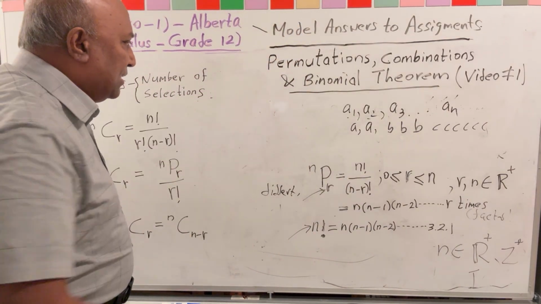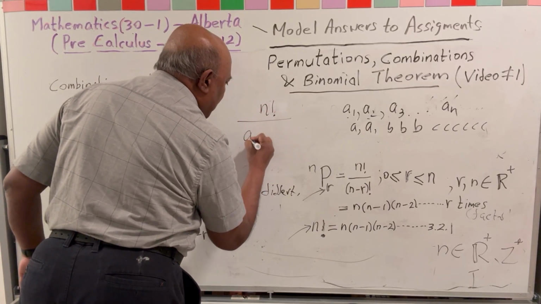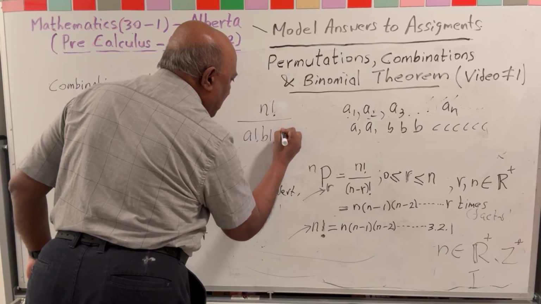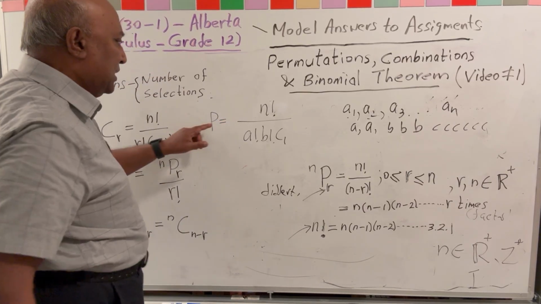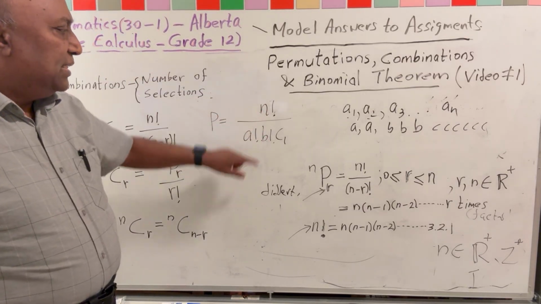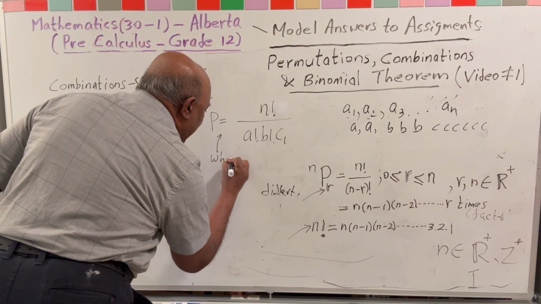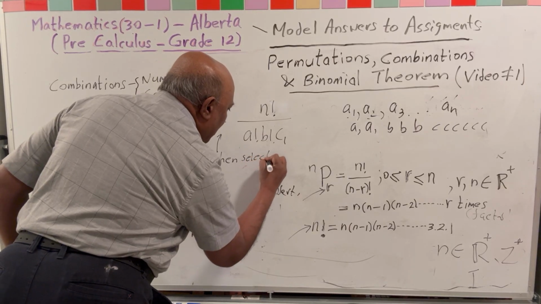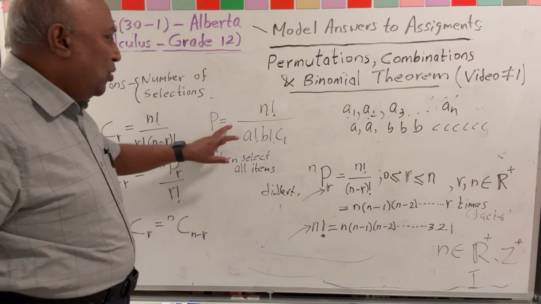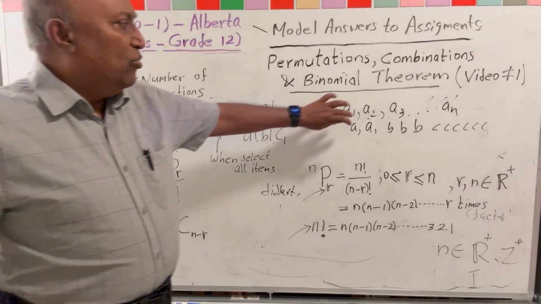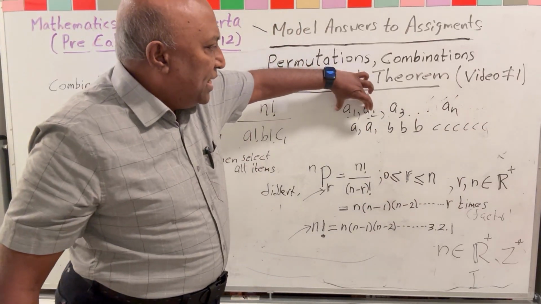In this situation, there is a formula to find the permutation. This is the formula. This is the total number of permutations, P = n! upon a! b! c!. This is the case when we select all items, and some kinds of items are equal.